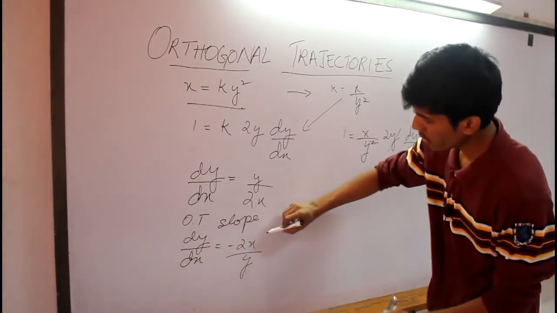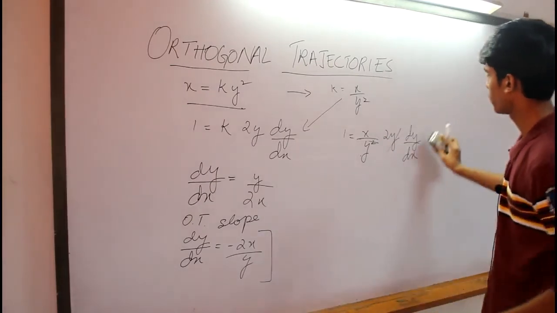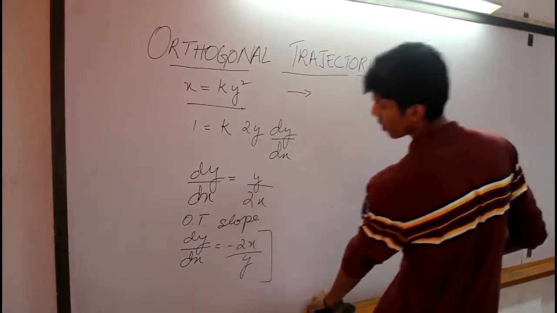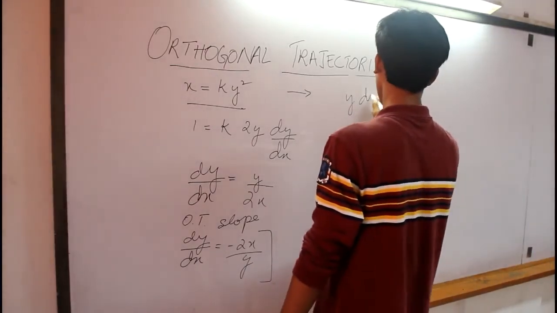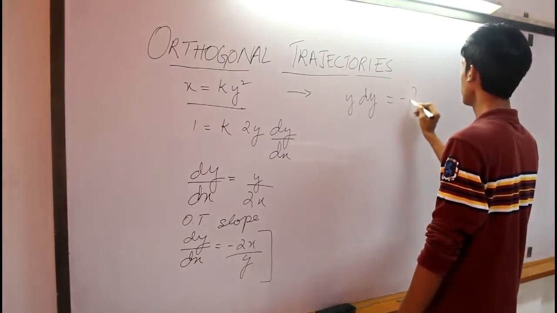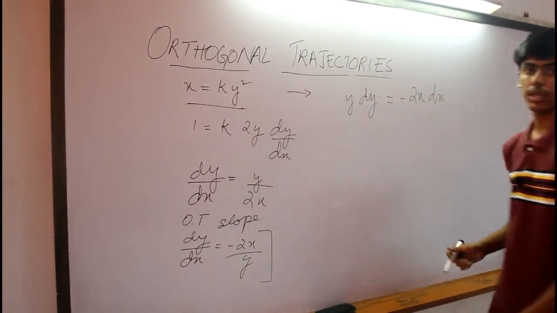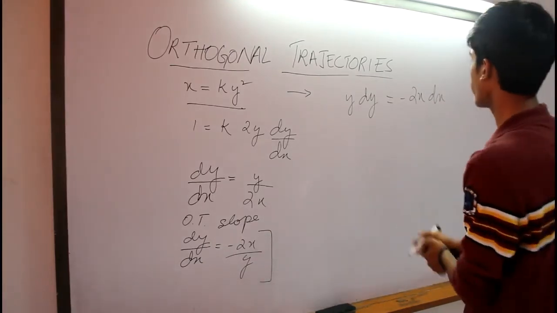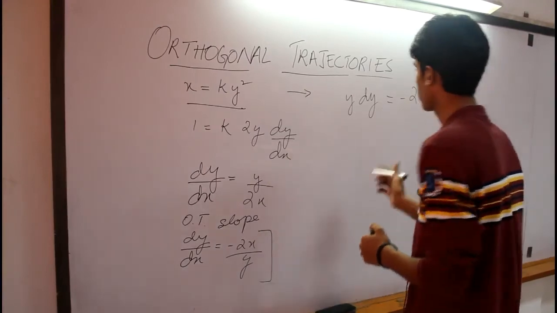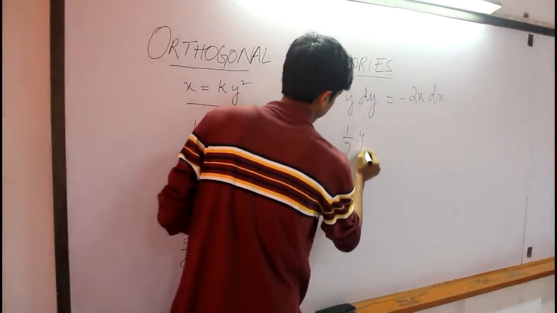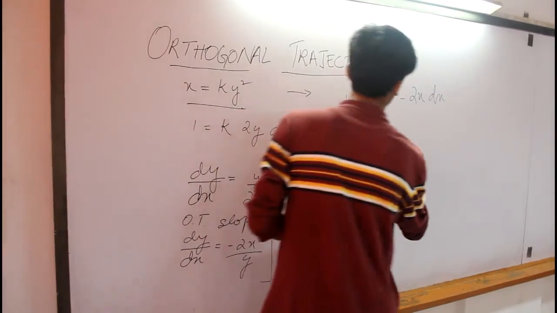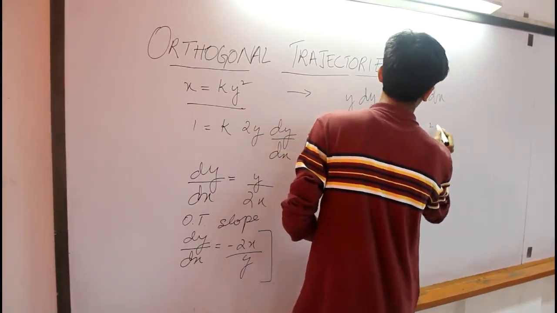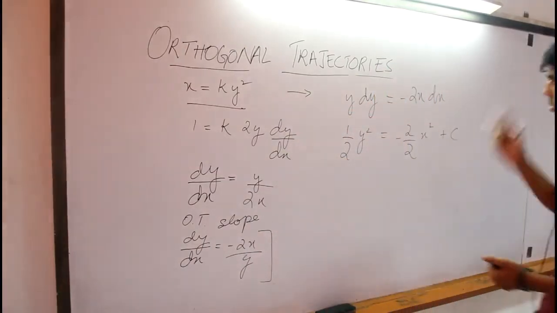Now this equation is also variable separable. We can separate this equation, and we get y dy equals minus 2x dx. Now when we integrate this equation, we get 1 over 2 y squared equals minus 2 over 2 x squared plus some constant.